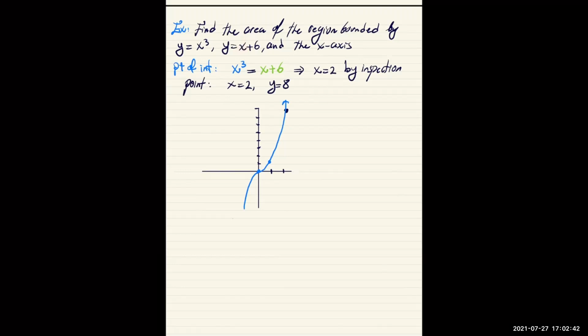You can plug any point you want to graph a line. You could choose 5, or 5 would be bad actually. You could choose 1. 1 here gives you 7, so (1, 7). That point is on the line. Just draw the line like that. But I'm going to choose -6 because it's easier to draw.